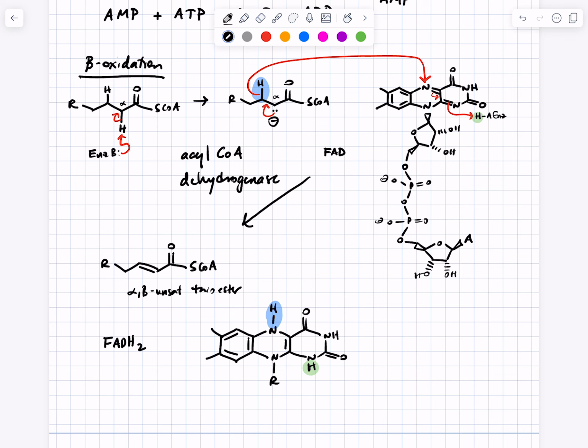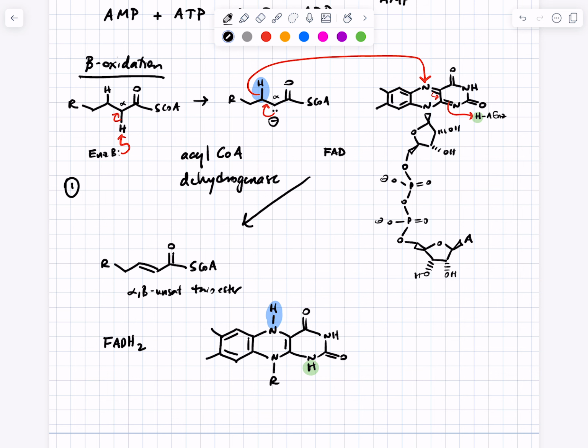And the mechanism is basically E1CB type elimination. You make the enolate first, then you kick off the hydride. All right, and the product is an alpha beta unsaturated thioester. When you see this whole pathway together, you will see the logic in putting the double bond there. So this is sort of the first step of beta oxidation.